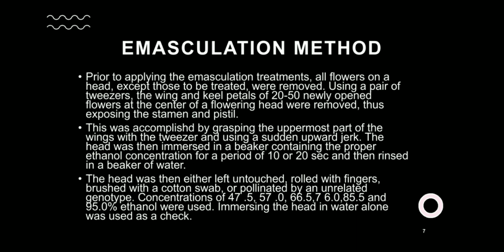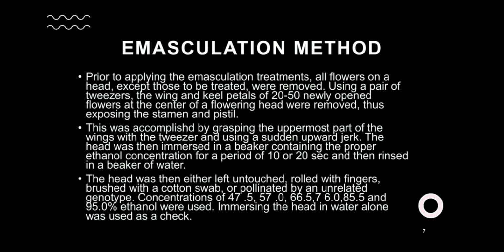This was accomplished by grasping the uppermost part of the wing with the tweezers or forceps and using a sudden upward jerk. The head was then immersed in a beaker containing the proper ethanol concentration for a period of 10 to 20 seconds and then rinsed in a beaker of water.